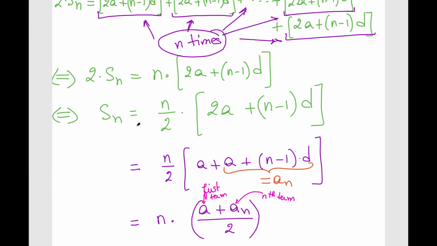So one more time. The sum of the first n terms of an arithmetic sequence is the arithmetic average, meaning the sum divided by 2 because I have two entities, of the first term and the nth term, multiplied by n. And what's n? It's the number of terms we're adding.